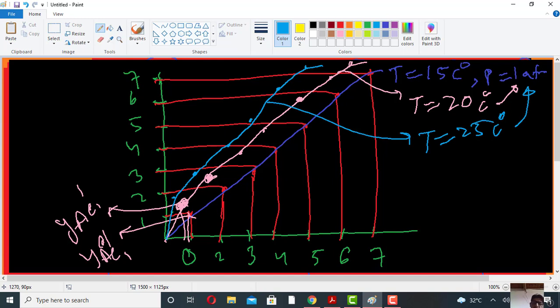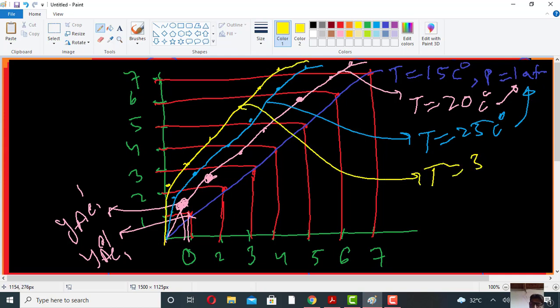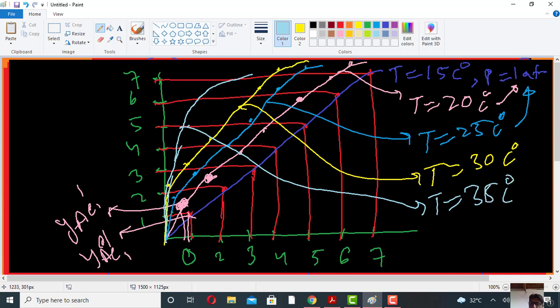Similarly, at 30 degrees C, we form a curve like this. Similarly, at 35 degrees C, we form a curve like this, at 35 degrees C and 1 atm pressure.